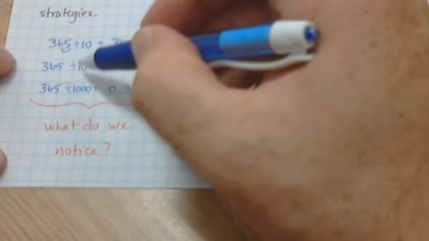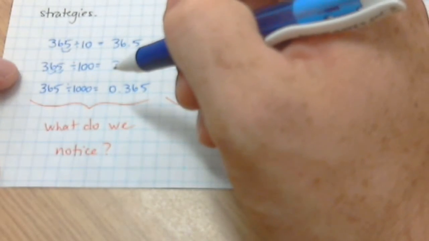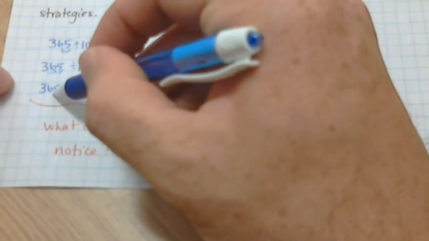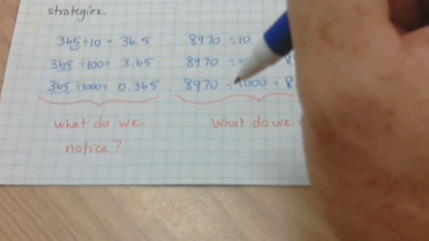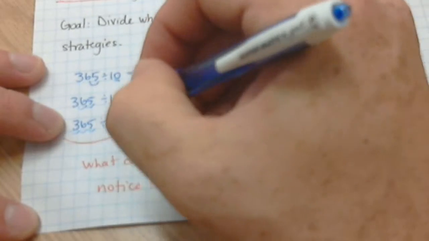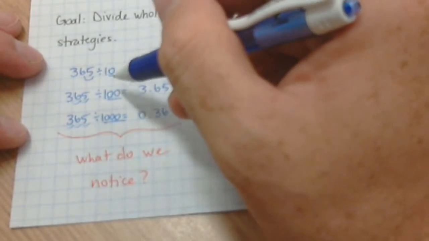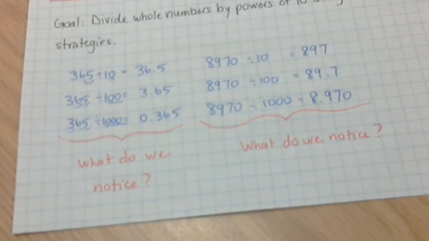If we divide by 100, we go 2 spots to the left. If we divide by 1,000, we go 1, 2, 3 spots to the left. How far we move the decimal place depends on the number of zeros. So 1 zero goes 1 place, 2 zeros goes 2 places, 3 zeros goes 3 places, and so on. Okay?